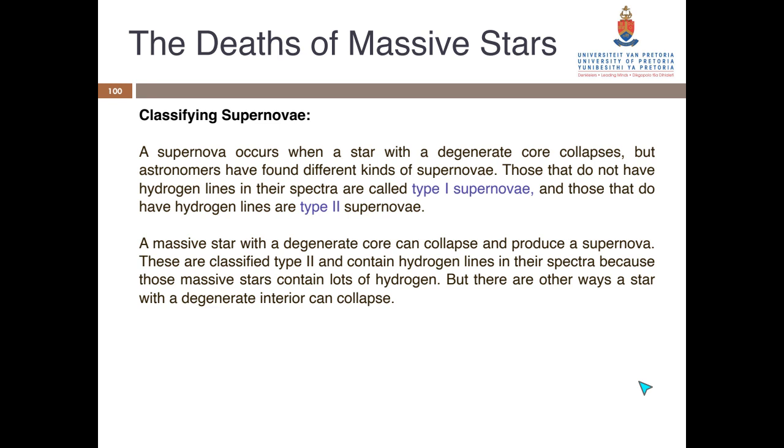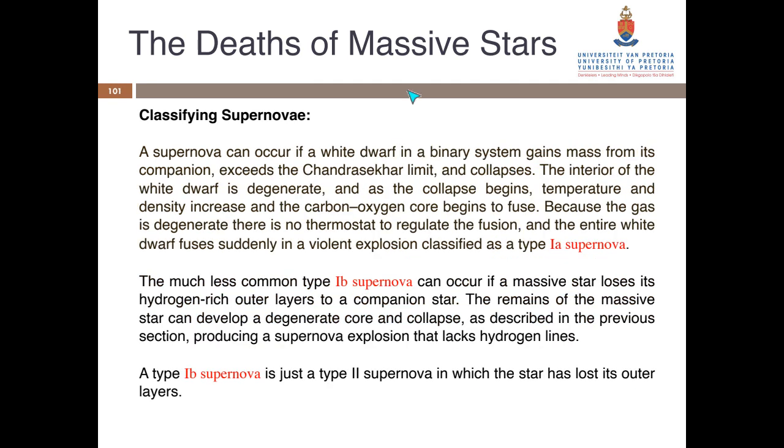A massive star with a degenerate core can collapse and produce a supernova. These are called type 2 and contain hydrogen lines in the spectra because massive stars contain lots of hydrogen. But there are other ways a star with a degenerate interior can collapse. A supernova can occur if a white dwarf in a binary system gains mass from its companion, exceeds the Chandrasekhar limit, and collapses.